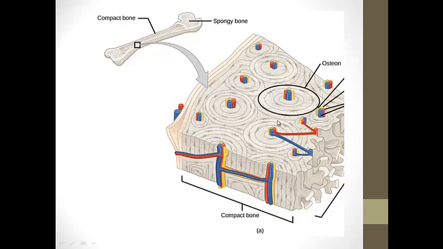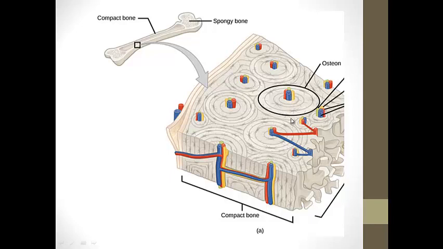Now the characteristic of an osteon is that it is composed of sheets of bone that are arranged in a circular pattern or a circular shape. So you can see that each osteon is composed of these rings of bone, and then the ring surrounds this central neurovascular bundle that has an artery, a vein, a lymphatic vessel, and a nerve.